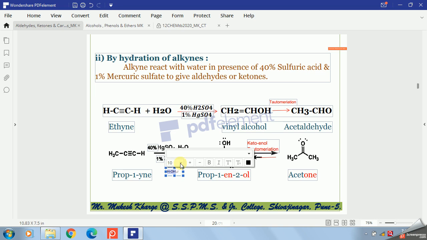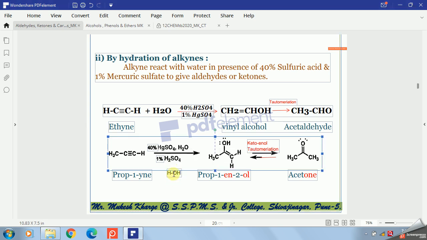Okay, so all are familiar with this. OH is the negative part of the reagent, so we have to check where we add the negative part and where we add the positive part.